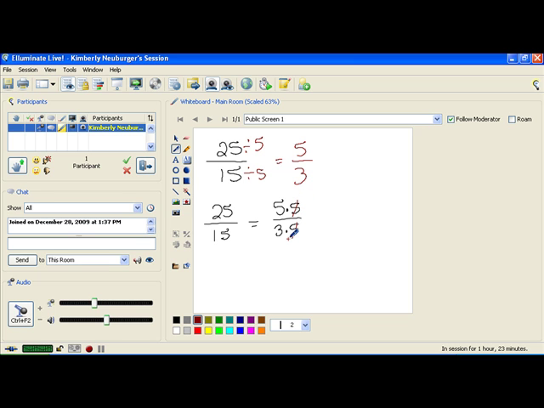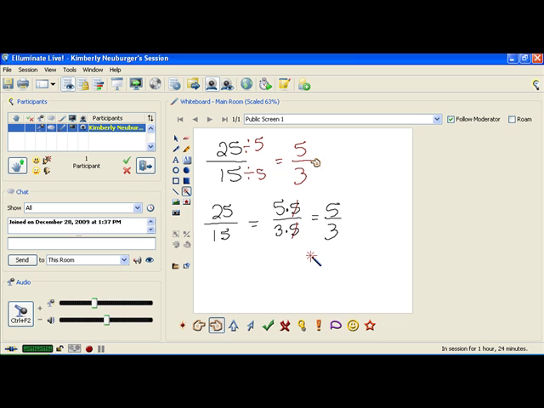These could cancel each other out. And what's left here is 5 over 3. Notice we got the same thing here as we did here, and we did it a little bit different way in both situations. Both of them are fine. Whichever works for you is what you'll want to do.